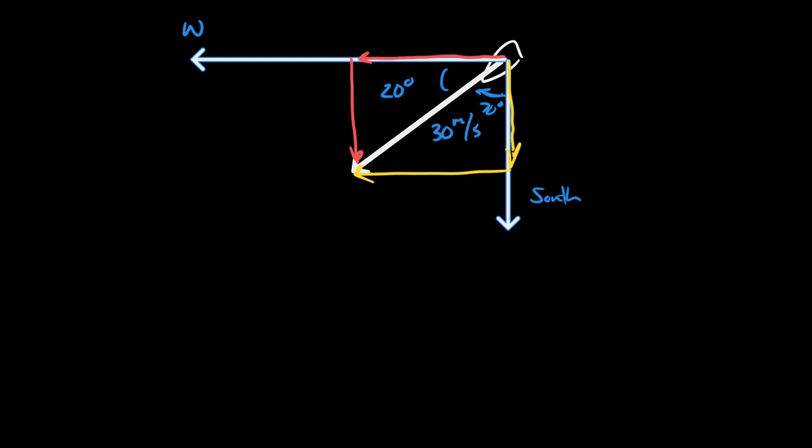Your math class forces you to use a specific triangle. I don't, because trust me, it makes no sense. We're always going to use acute angles. We're always going to use the easiest way to do this. So I don't care. Do you want to use the red triangle or the yellow triangle? If we're going to use the red triangle, then we're going to use the 20 degrees that was given.